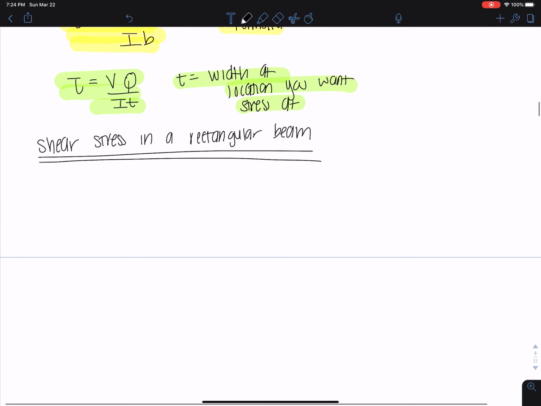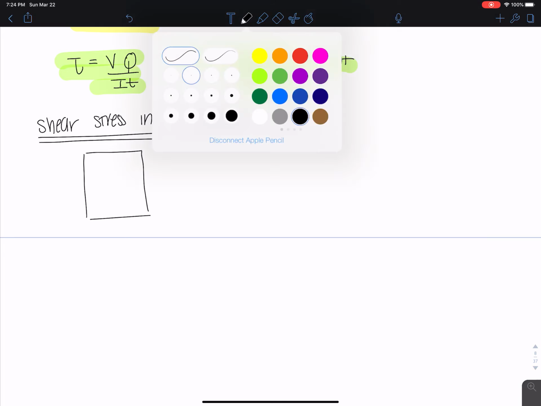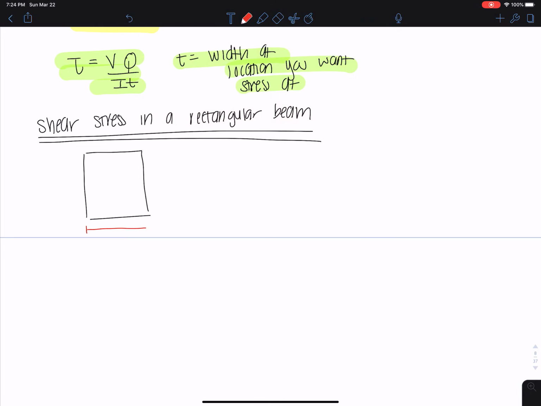Let me draw out what this cross section would look like. So now this would be my cross section. This is that width. My neutral axis would be right here in the middle. This whole thing would be h, so this would be h over 2 and h over 2.